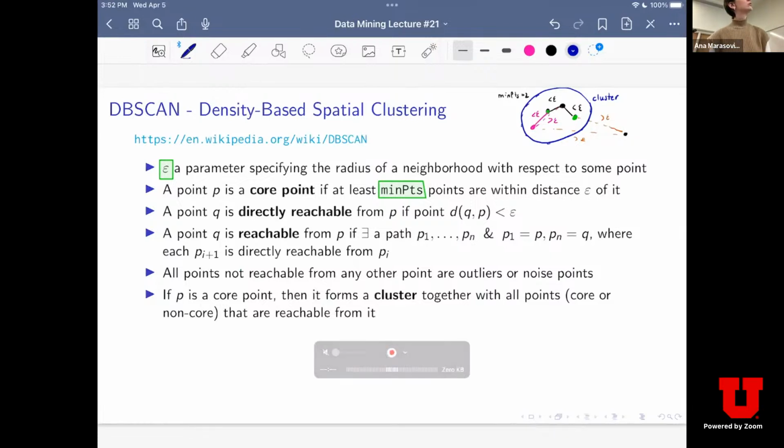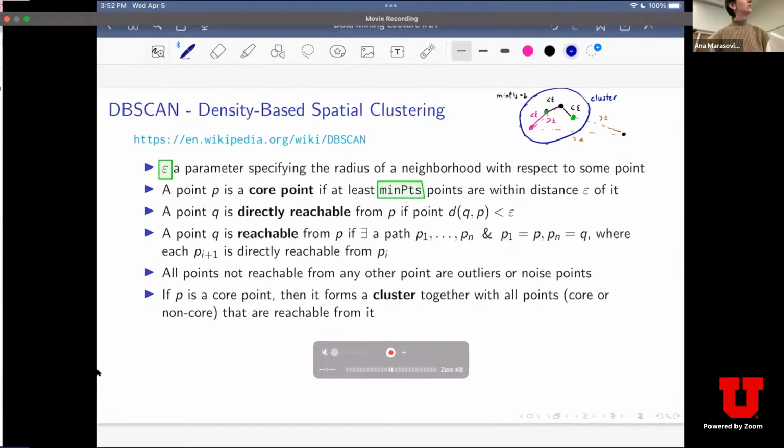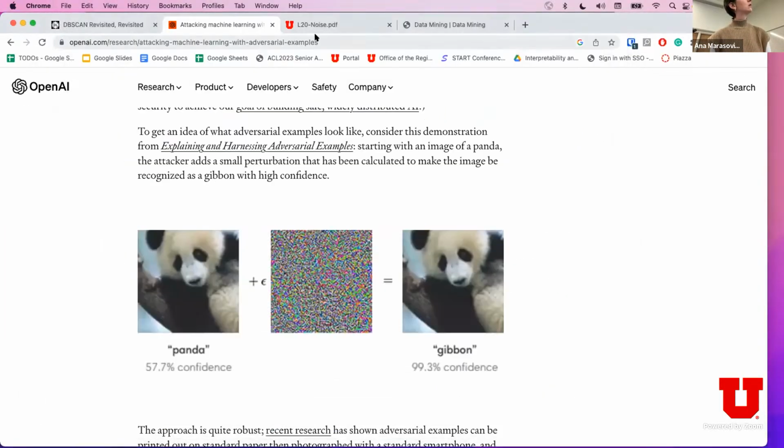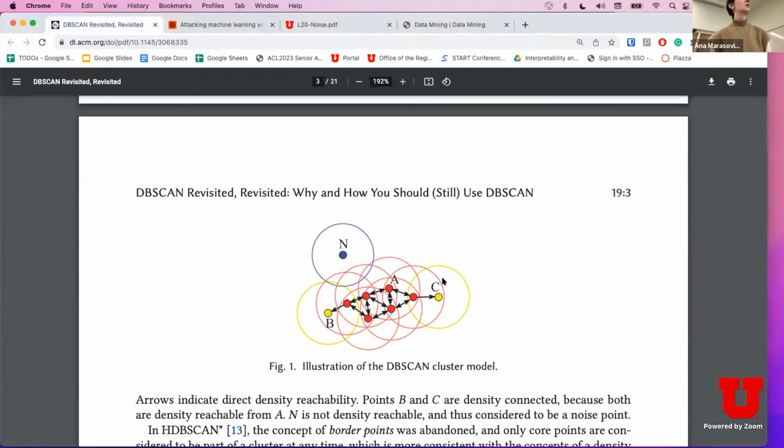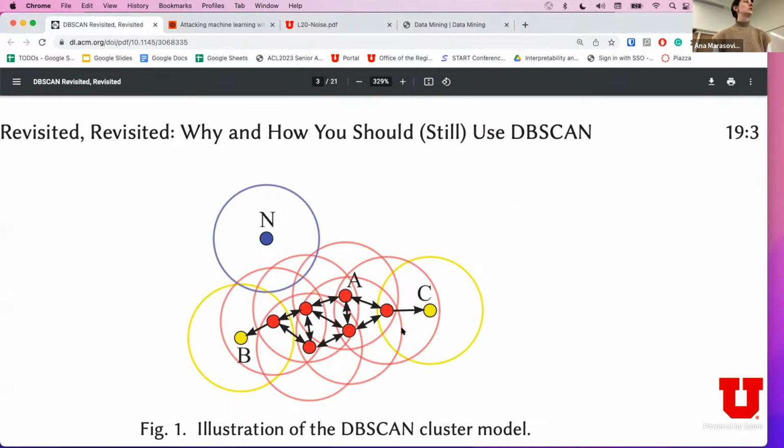I did want to show you the paper I mentioned. This is how the illustrations of these paths look, and how one point can be isolated, which I had illustrated in the end.